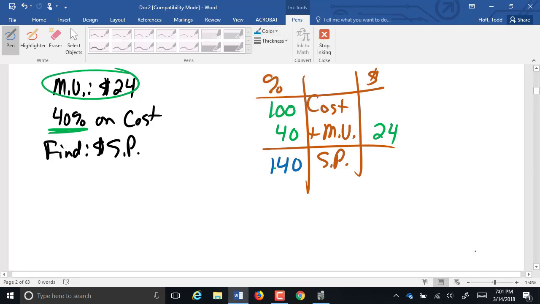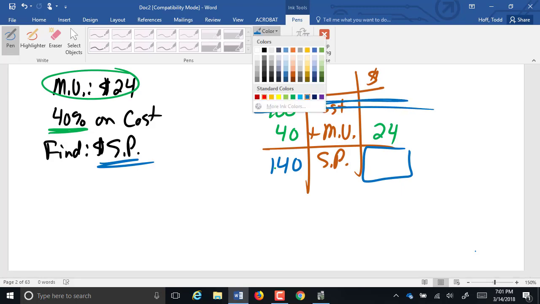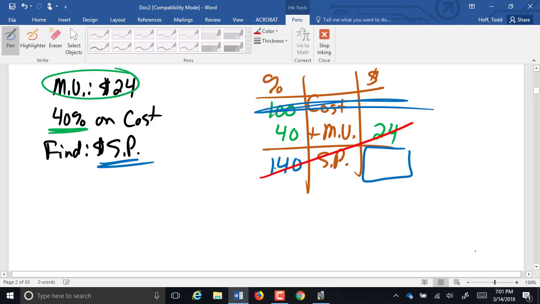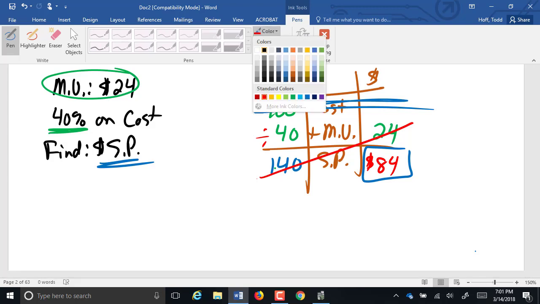We're looking for the dollar amount of the selling price right there. So we don't need the top row. 140 times 24 divided by 40 is $84. Cool.